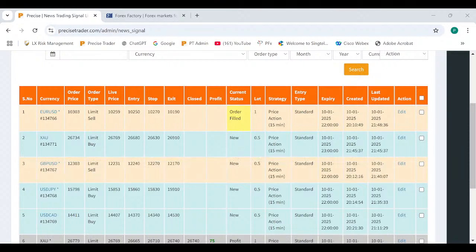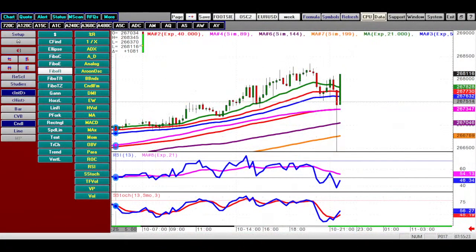Okay, now we are seeing about 81. Going to 82. Let's see whether the 83 breaks or not.